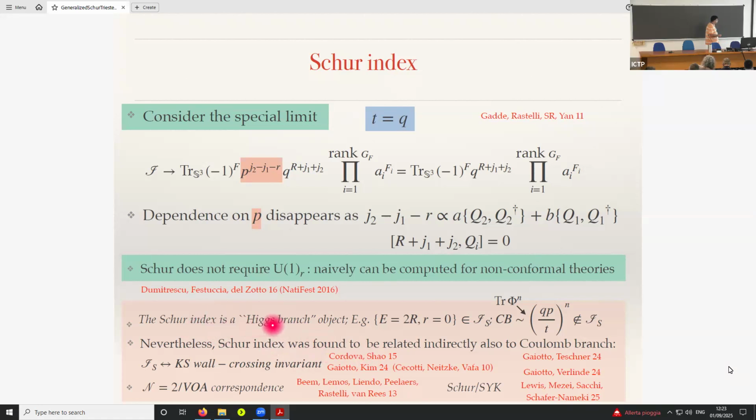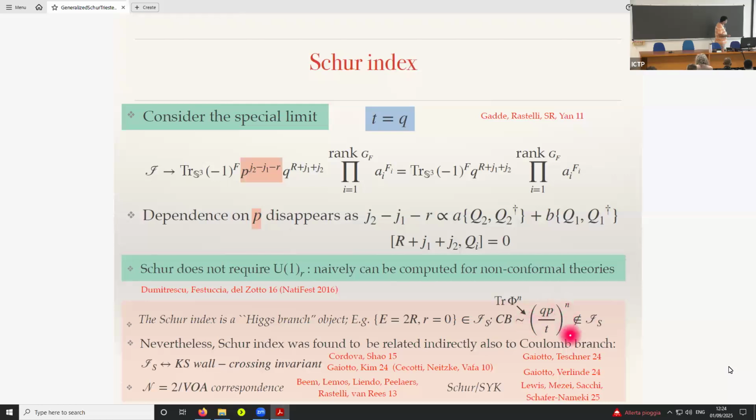So naively, the Schur index is a very Higgs-branchy object. For example, you can show that the operators which contribute to it, or some of the operators which contribute to it, are Higgs branch operators which satisfy this property. And you can also show that Coulomb branch operators do not contribute to it. For example, the Coulomb branch operators which have this form, trace of phi to the power n, where phi is the chiral field in the vector multiplet.